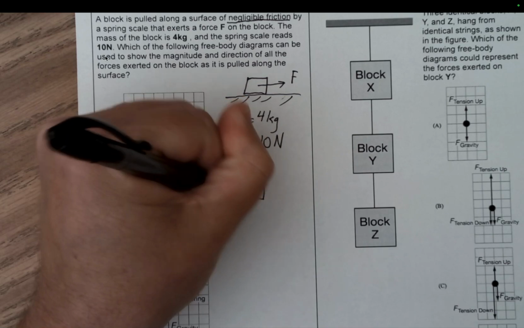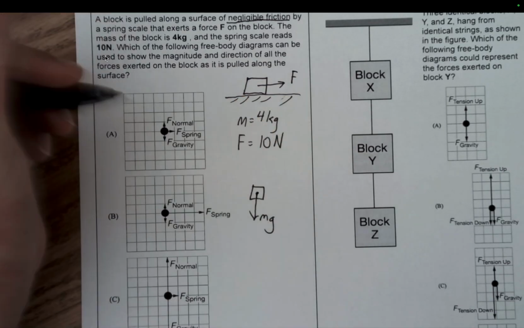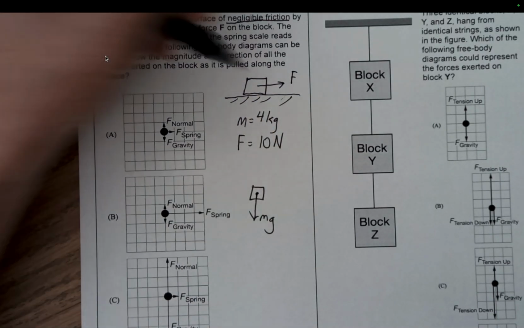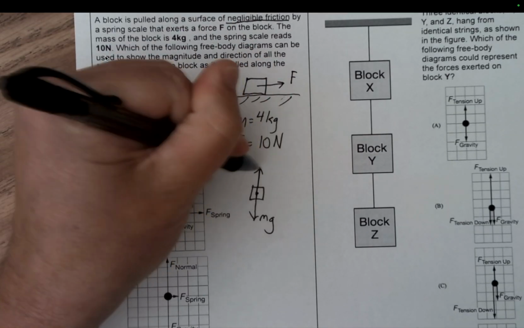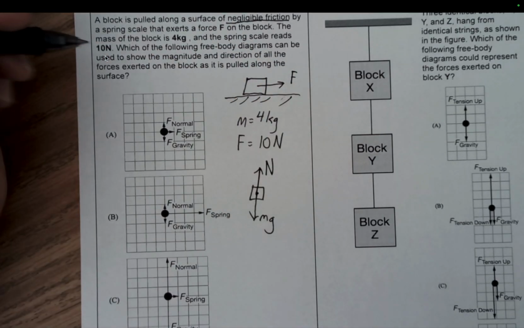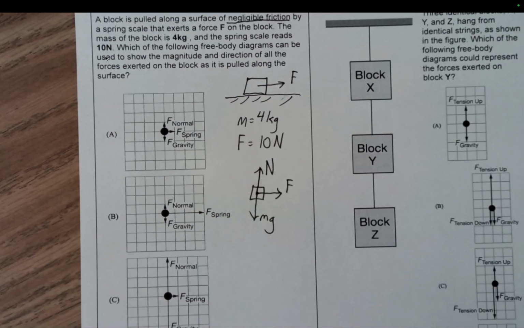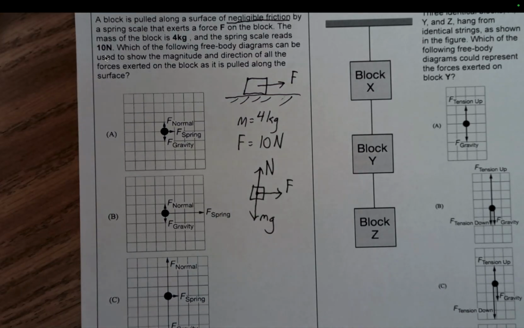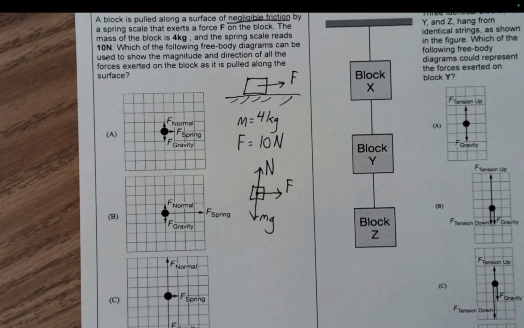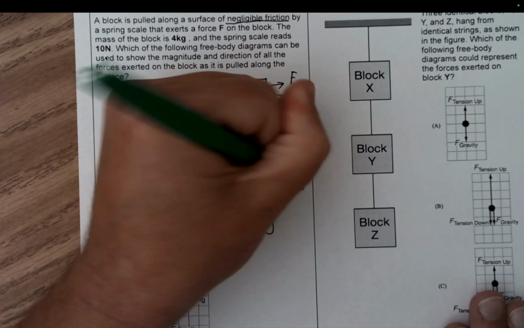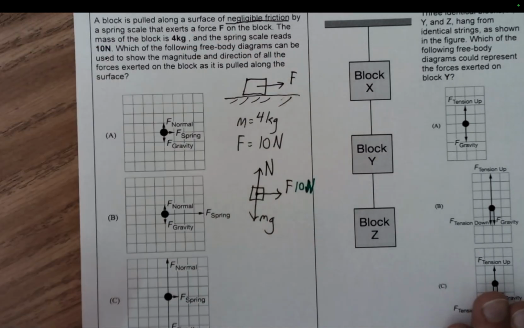I know there's mg down because there's gravity. It's in contact with a surface, so it's going to have this normal force up, and it has this force F going to the right. And so I have some values here. I know this force F has a value of 10 newtons.